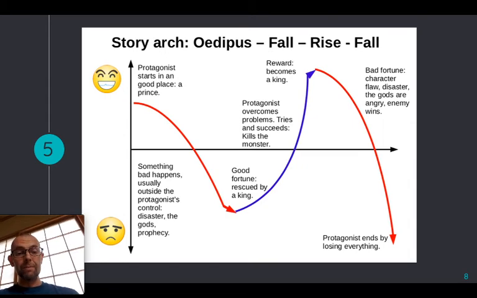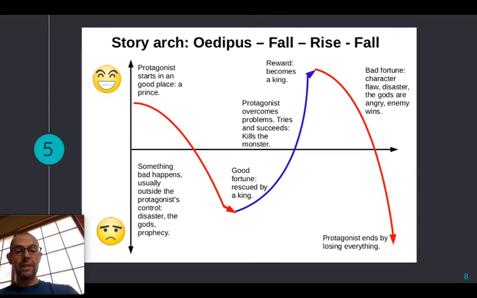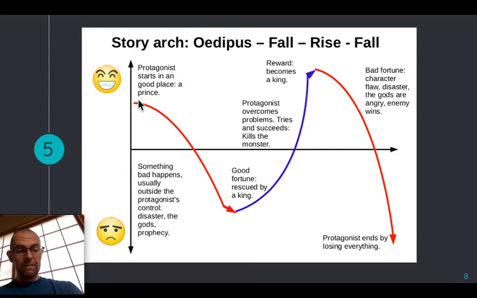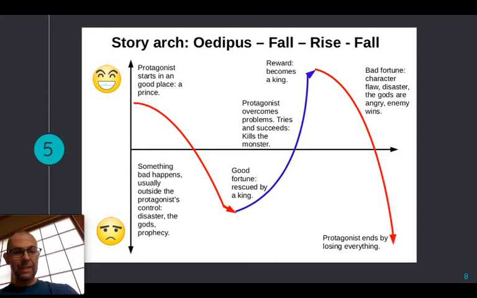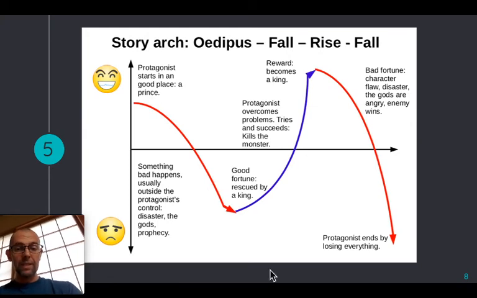In the case of Oedipus, his king father receives a prophecy that his son will overthrow him or kill him, so the father banishes his newborn son, leaves him out in the forest or something like that to be found, and so that's pretty bad. But Oedipus, luckily, is rescued by another king and is raised very well, and he ends up finding his way back to his original homeland.